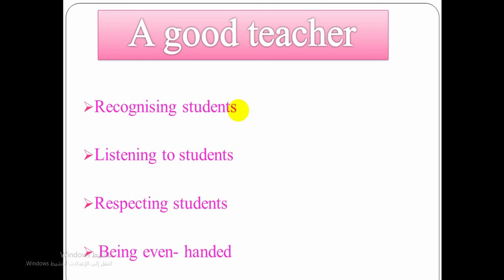Maybe the teacher can ask students to put name cards on the desk in front of them, or the teacher can draw up a seating plan and ask students always to sit in the same place until they have learned their names. But in general, I think a teacher's skill is to persuade students that they recognize them, and who and what they are.